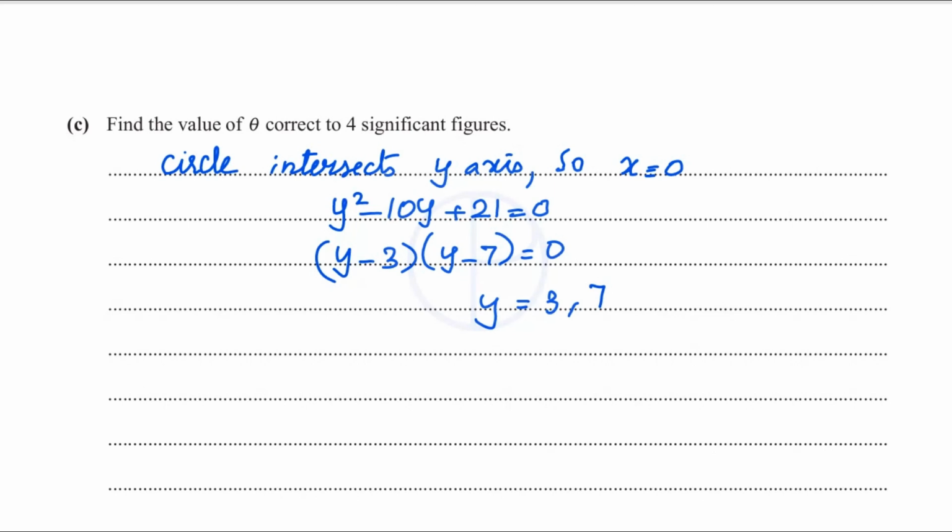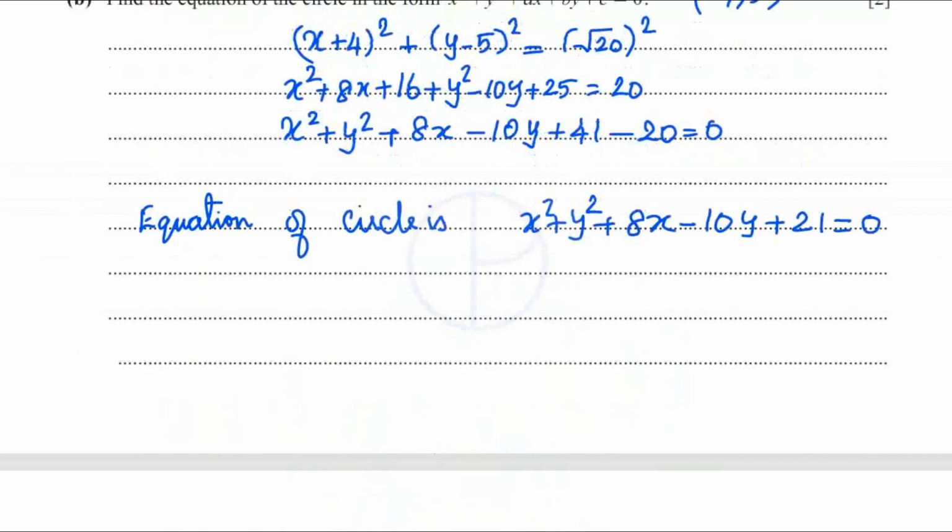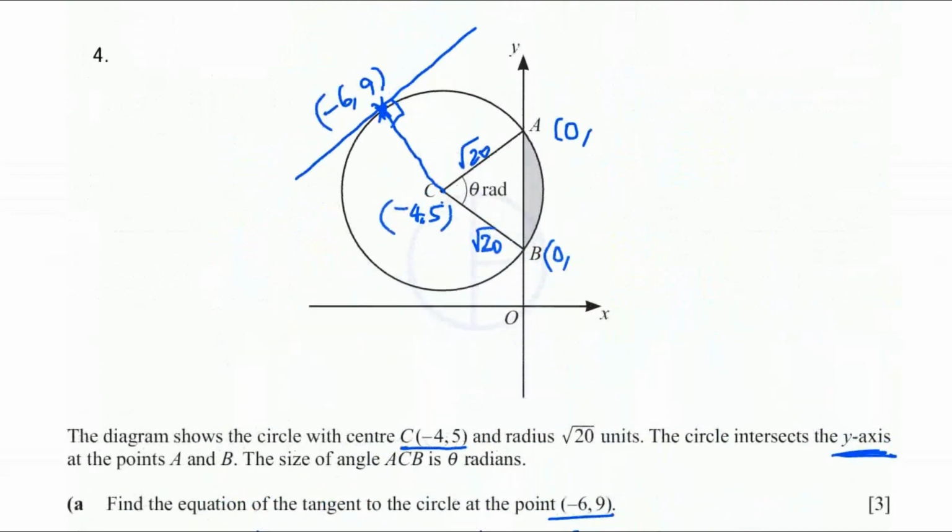Okay. Let's find the length AB, and before that let's find the coordinates of A and B. So y is 3, 7. So this is 3 and this is 7.